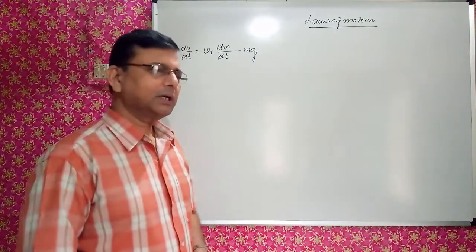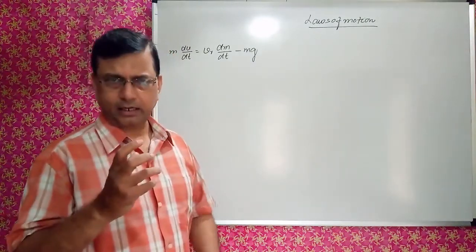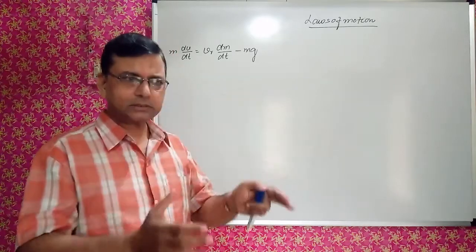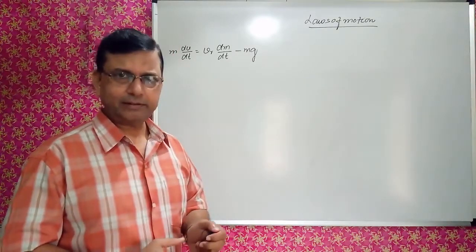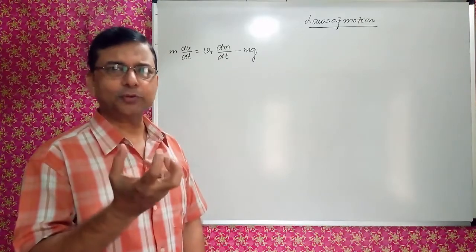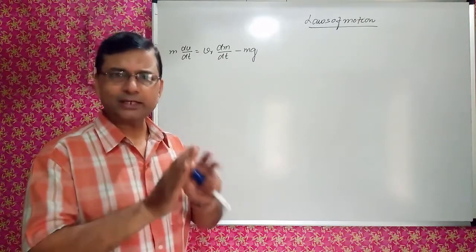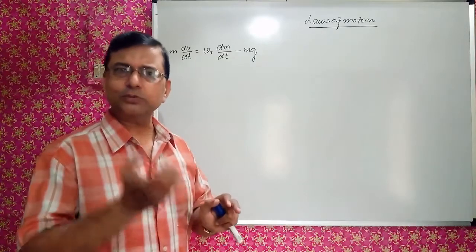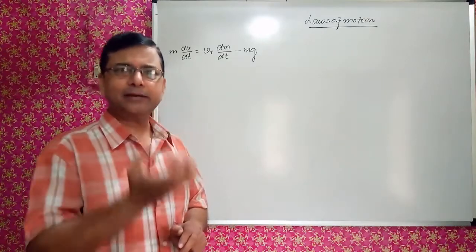Now suppose in the beginning the system was at rest, that is, the mass of the rocket and the mass of the fuel, the total mass, when there is no acceleration, at t is equal to 0, it is at rest.